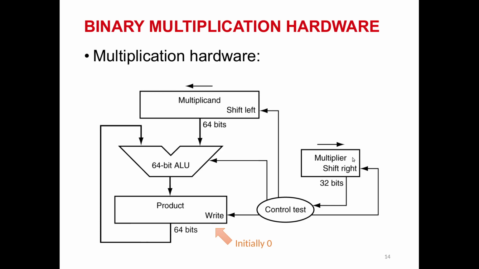If bit 0 of the multiplier is 0, we will do nothing with the product, but just shift the multiplicand 1 bit to the left and shift the multiplier 1 bit to the right. And of course here you can see that we will need to initialize the value of product to 0.